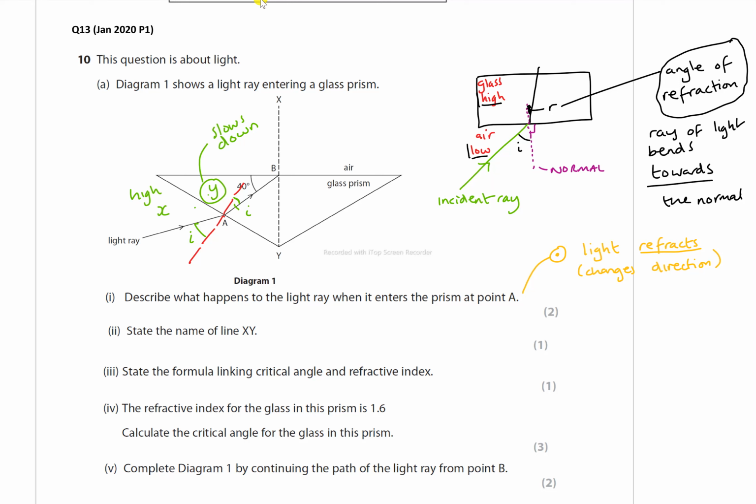It changes speed as well, but that's part of that. And the light refracts or bends towards the normal.